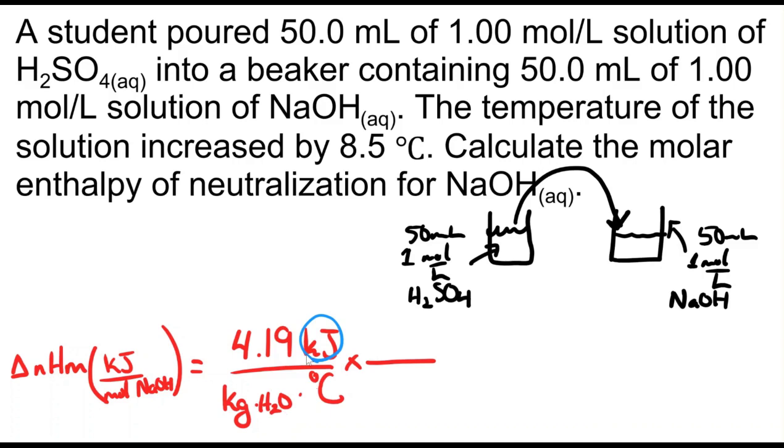So let's multiply that by the mass of water, so we can cancel out kilograms of water. Well, what's the mass of water when we pour this into here? It's going to be 50 plus 50, which is 100 milliliters, so 0.100 kilograms of H2O.